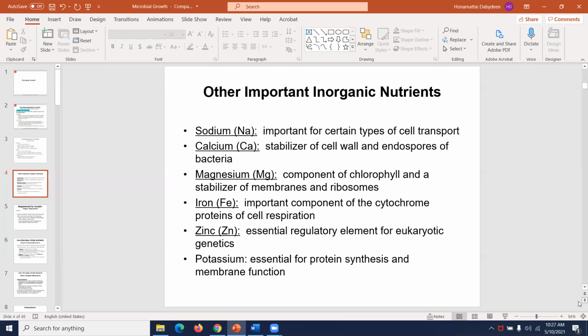And in there, we'll talk also about some cytochrome oxidases that are produced to carry out some of those reactions in the electron transport chain. Zinc, usually a regulatory element in eukaryotic genetics. And potassium is essential for protein synthesis and some membrane function.